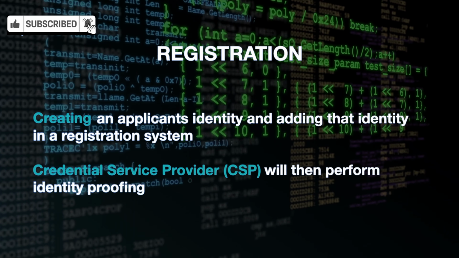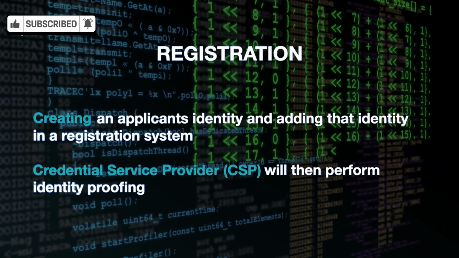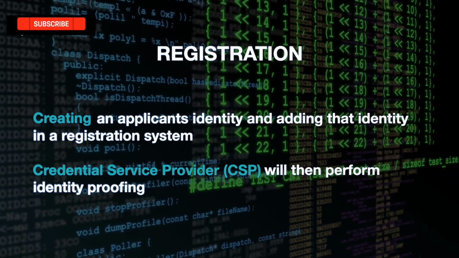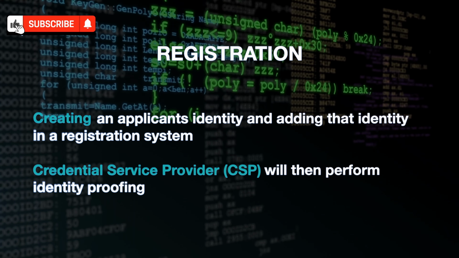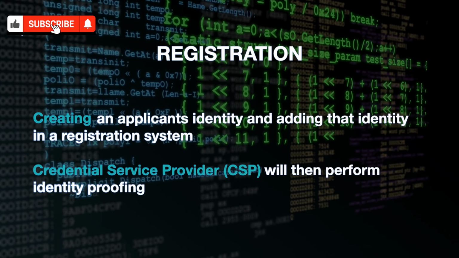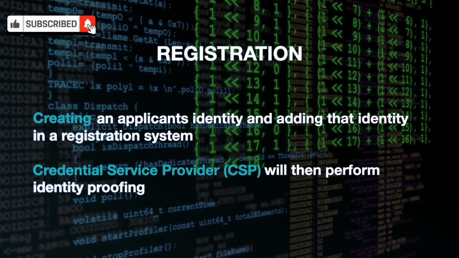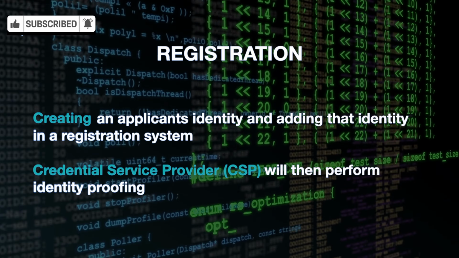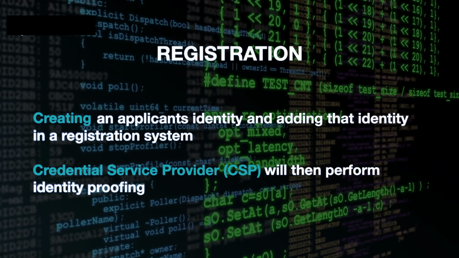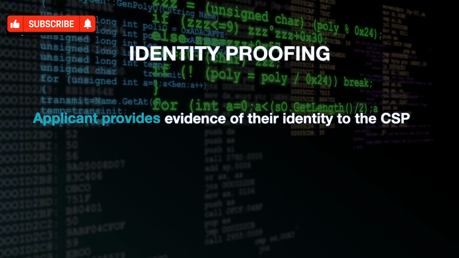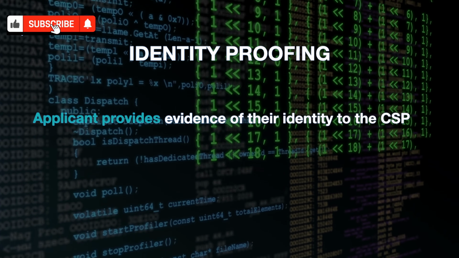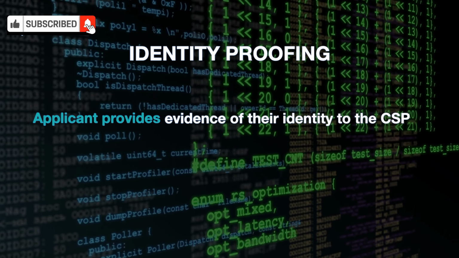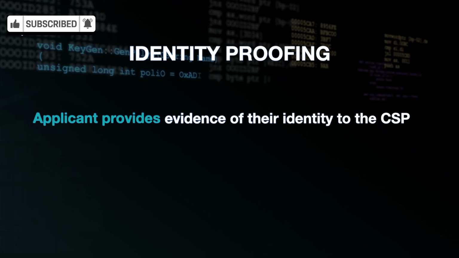This will then perform the identity proofing process for us. Now, this is not to be confused with the Cloud Service Provider CSP. These are different acronyms with different meanings. The identity proofing process will take the applicant's information and the evidence of their identity, and it will provide that to the CSP. Now, the CSP could be anyone or anything that is creating the identity.